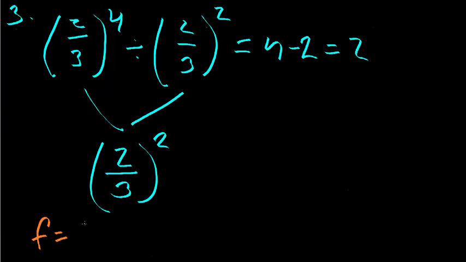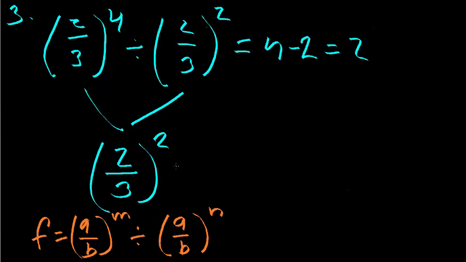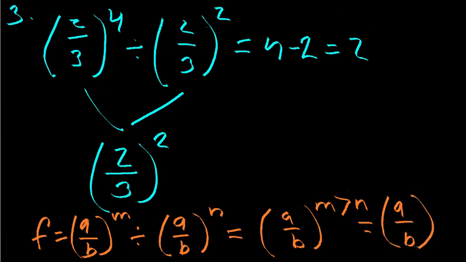The formula would be (A/B)^m divided by, see how it's division, (A/B)^n, because it's the same fraction like I said, and equals, if m is greater than n, we bring it into one fraction, A/B, and we would have m minus n.